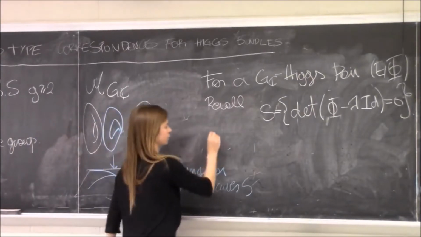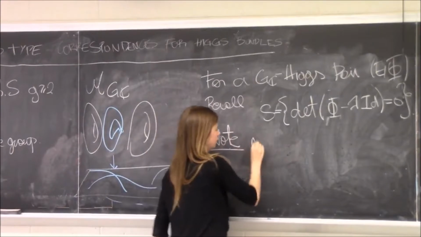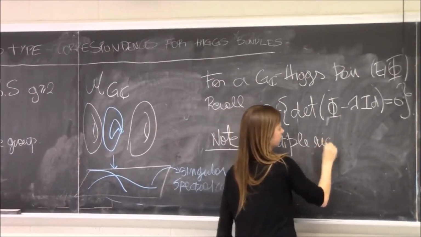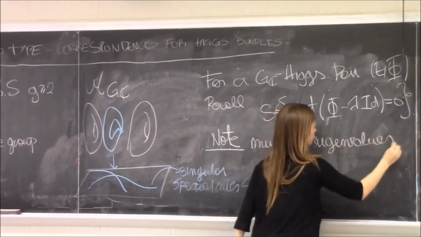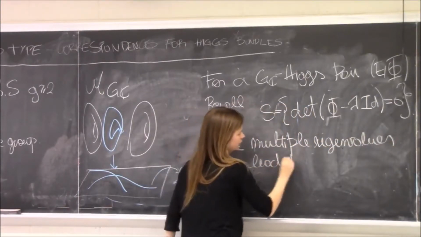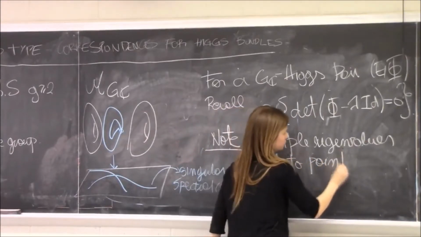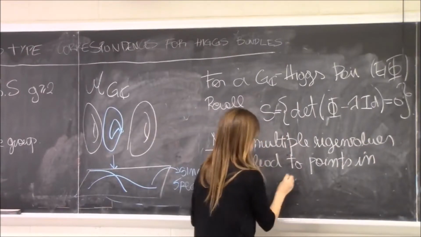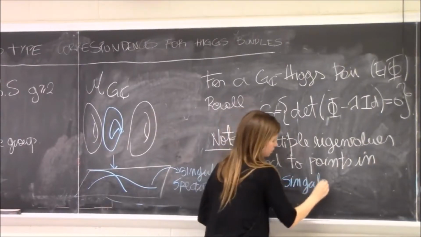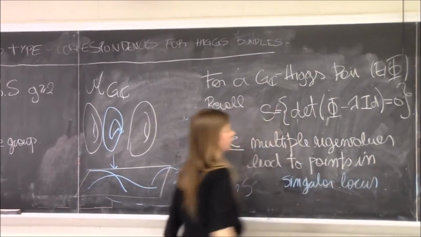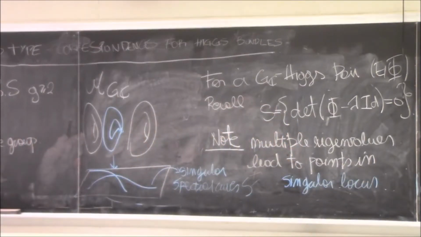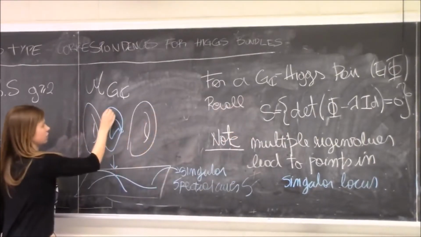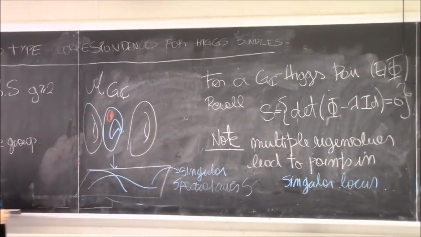So note, in particular, multiple eigenvalues lead to points in the singular locus. So we're going to be interested in points that have eigenvalues which are multiple for some Higgs fields, trying to describe these parts that are going to be inside.